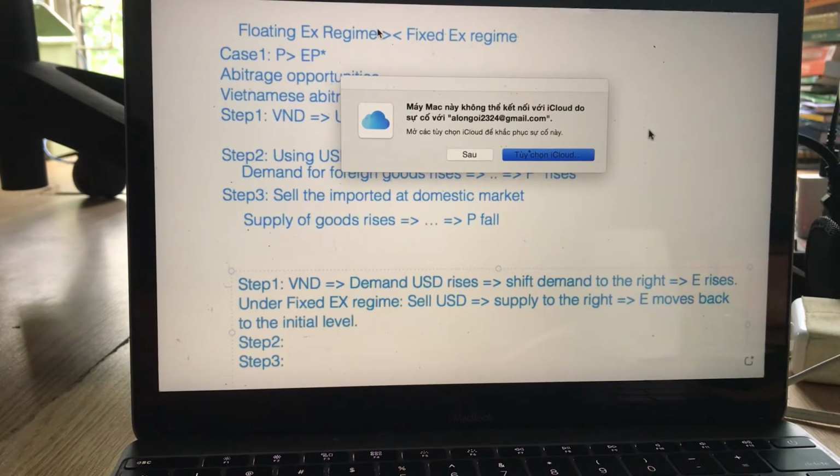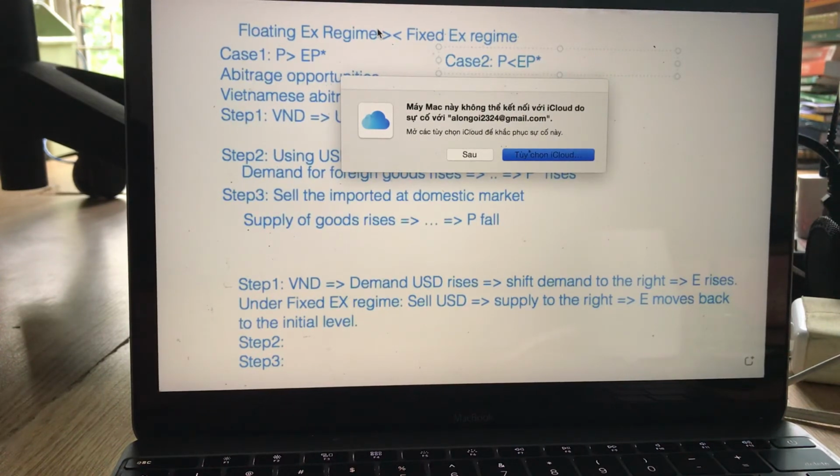The idea here is how to detect whether you do it right or wrong. In case 2, when P is less than EP star, the hint is that when you make the analysis, after 3 steps, if you observe that P increases, and E, the exchange rate, and P star decrease, then you are going the right way.